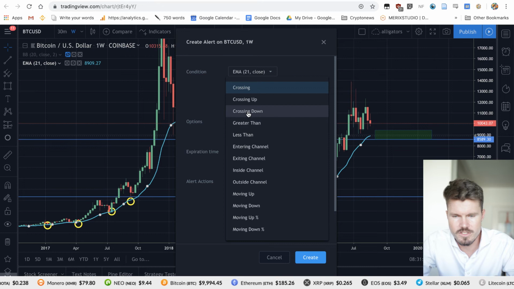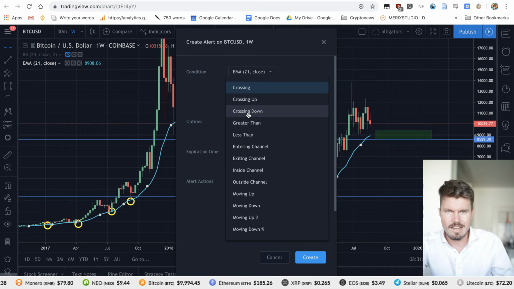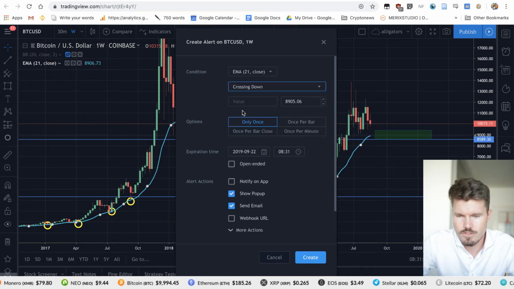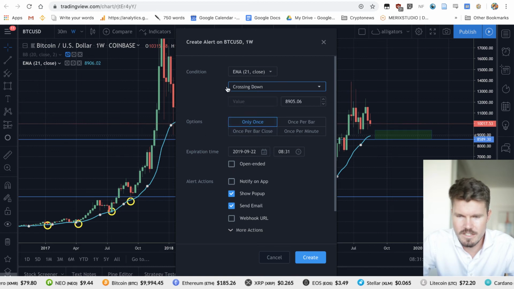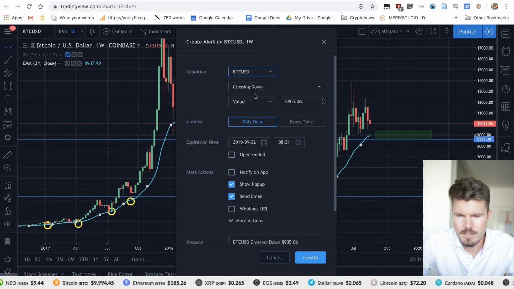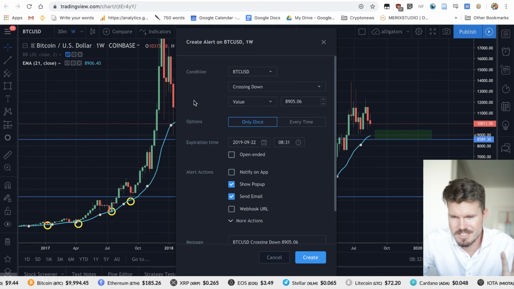So what you would want to select is you want to have an alert when the price crosses below the exponential moving average. So you will select crossing down, and you can select one time, and all right. Please excuse my mistake.